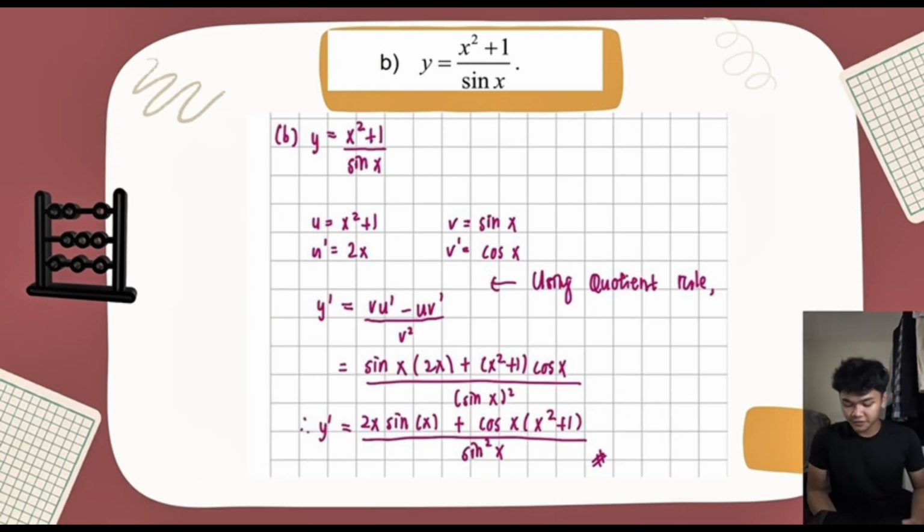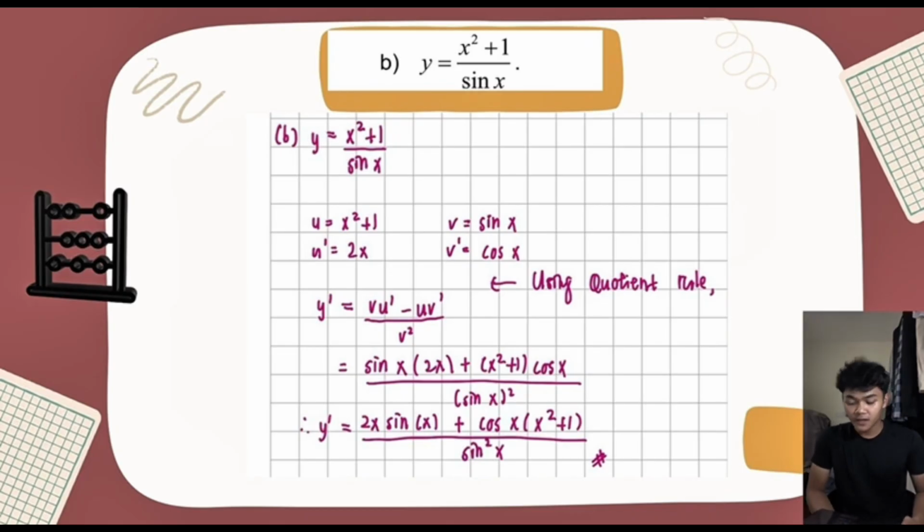Alright, next, question B. y equals (x squared plus 1) over sin x. So first of all, step by step, we use the quotient rule. u equals x squared plus 1, and u prime is 2x, and v equals sin x, and v prime is cos x.